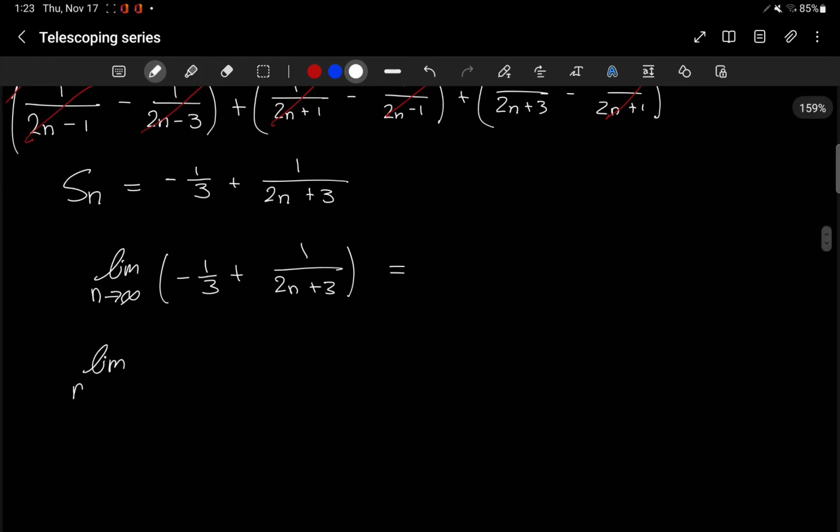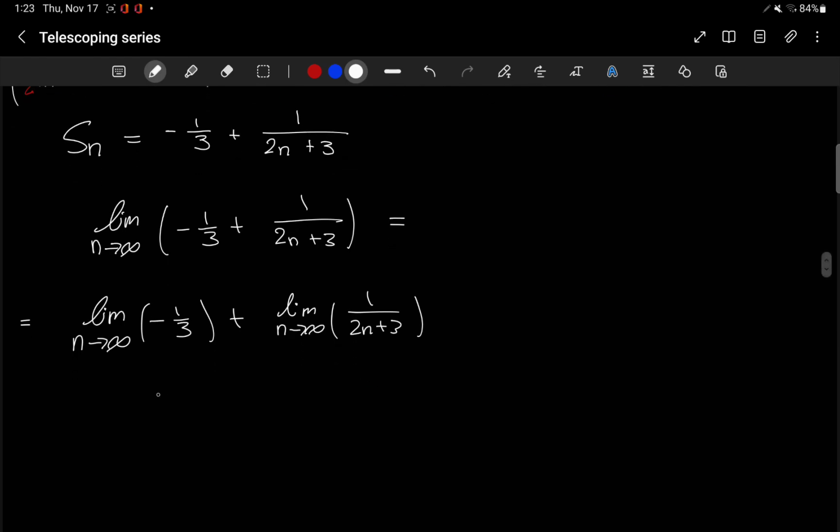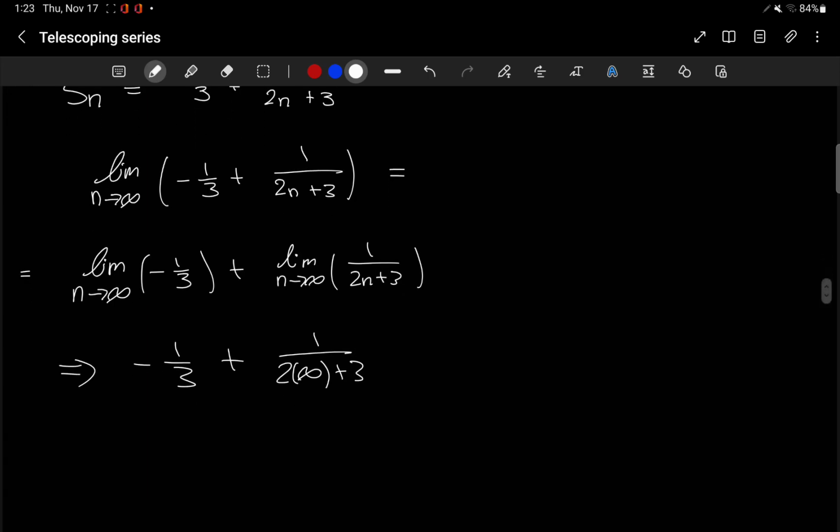This would just be the limit as n approaches infinity of -1/3 plus the limit as n approaches infinity of 1 over 2n plus 3. We can break up the limit by its property of addition, and the limit of a constant is just the constant.